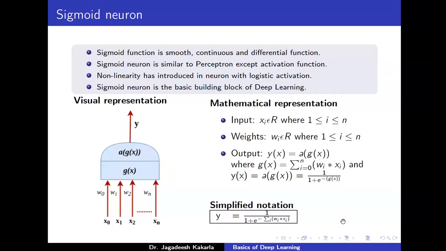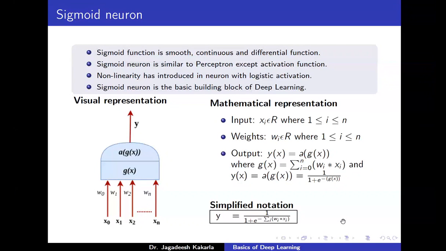But coming to the MP neuron and the perceptron models, what happens there? If the pass mark is 35 and you secure 34.9, it will predict that you are a failure, meaning you have failed in the subject. Am I right? So that's why we call them harsh models.